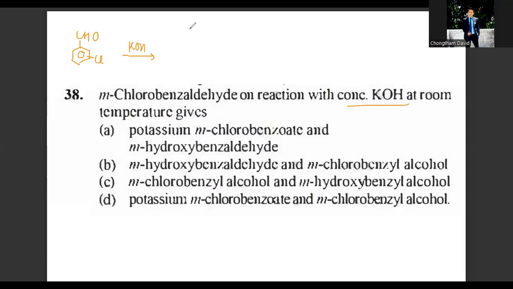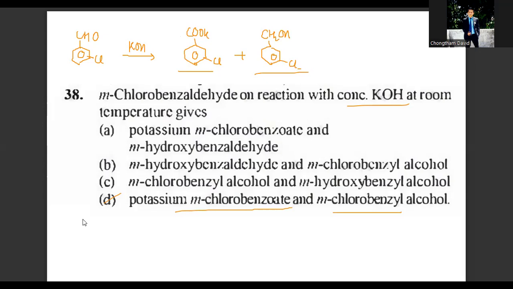After treating with this, it becomes a salt, the benzoate. In the meta position you have chlorine, and the other one will change to alcohol. This is your chlorobenzyl alcohol. Answer was D: meta chlorobenzoate and metachlorobenzyl alcohol.